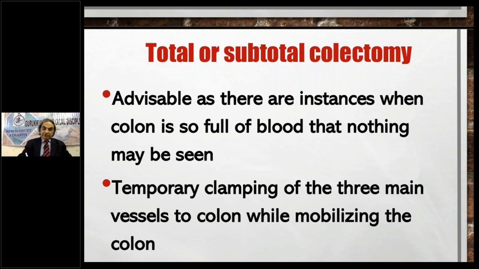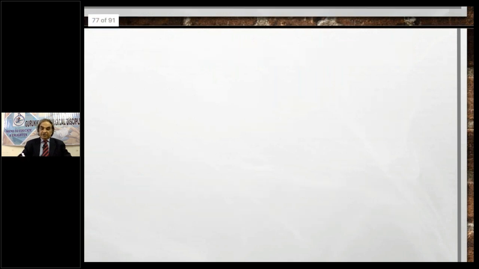Now this is the term that I was referring to. I've already explained to you, so it is advisable, as there are instances when the colon is so full of blood that nothing can be seen, to do temporary clamping of the three main vessels to the colon while mobilizing the colon. So what do we do? The technique is also to be understood, and it is based on the logic that I was referring to, and I'll explain it to you.